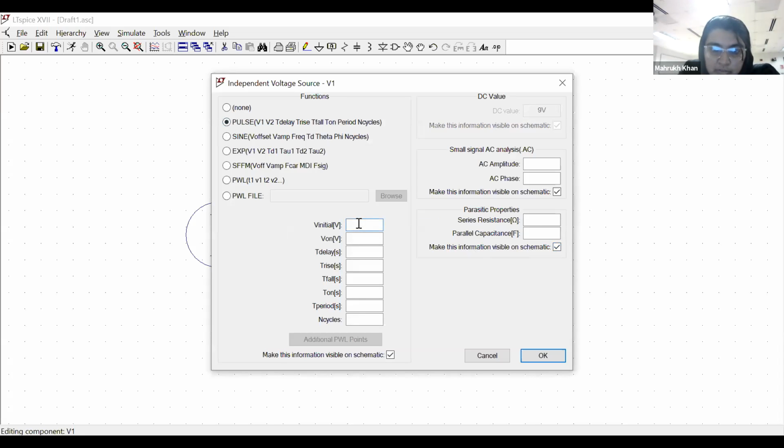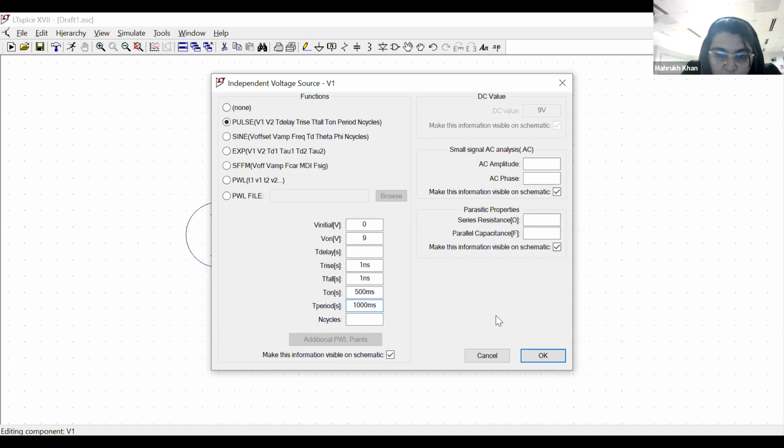In this pulse, 0 is the initial voltage, the maximum voltage V on is 9 volts, and T rise is 1 nanosecond. T fall is 1 nanosecond. T on is how much time it should remain on. Let's say 1000 millisecond.